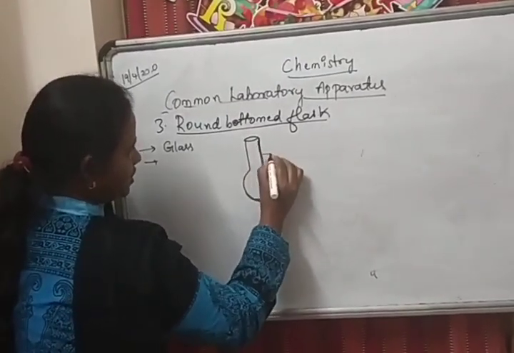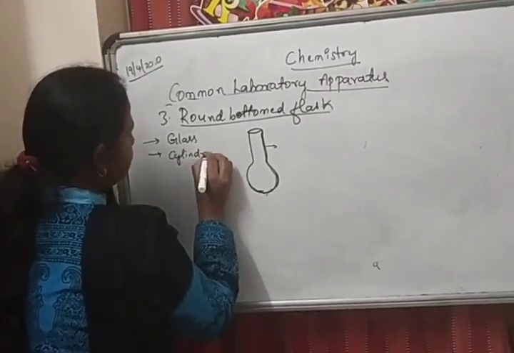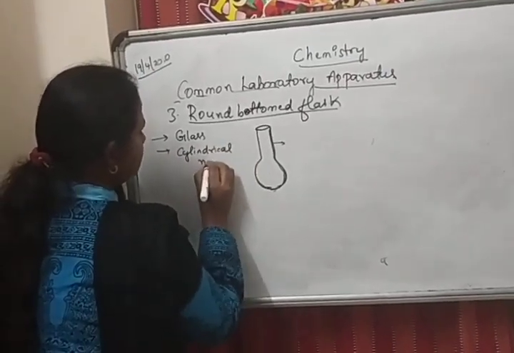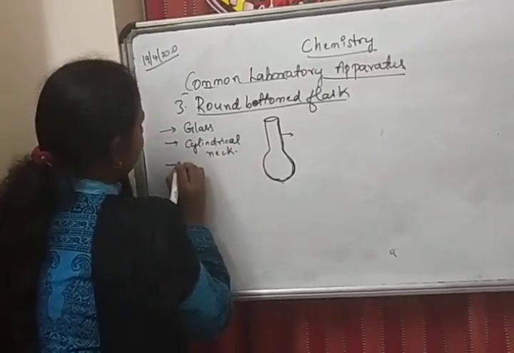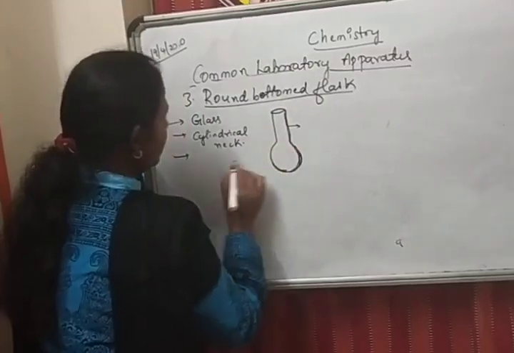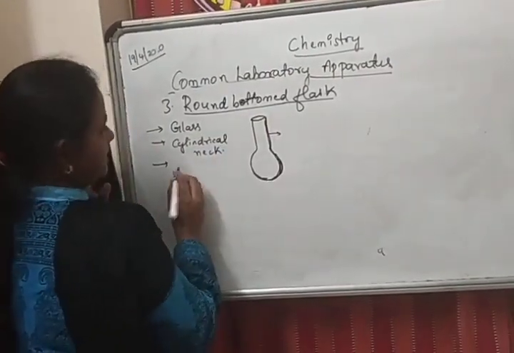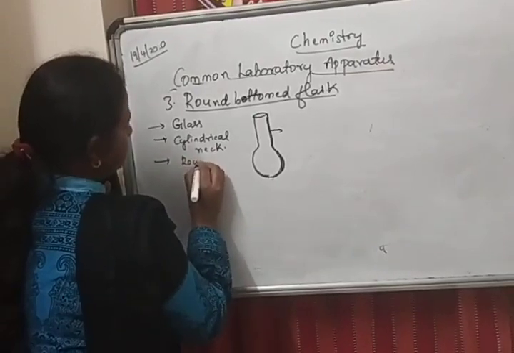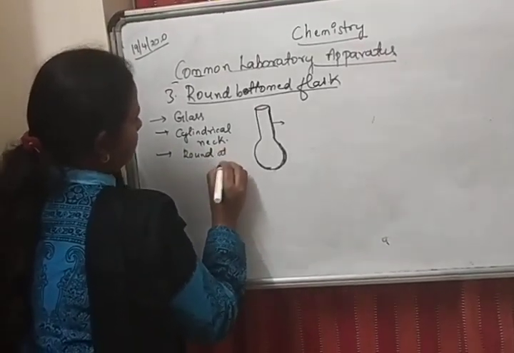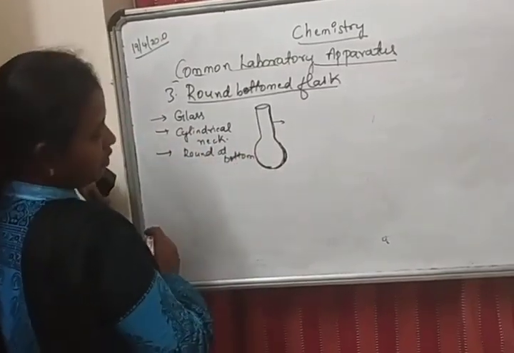This part is the cylindrical neck region, and this bottom, if you see, is round in its nature, so it is called a round bottom flask. This is the design of the round bottom flask.